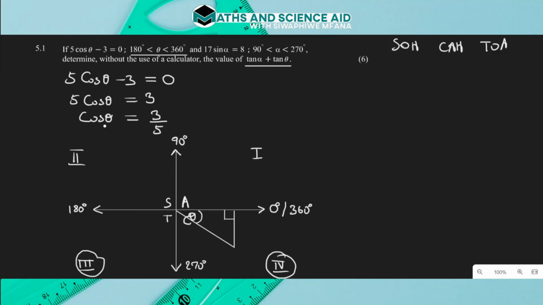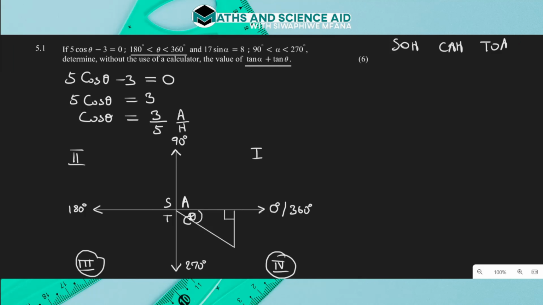And we're going to use our cosine ratio here to do that. We know that cosine is the adjacent over the hypotenuse. So this means that 3 here is the adjacent side, while 5 is the hypotenuse side.